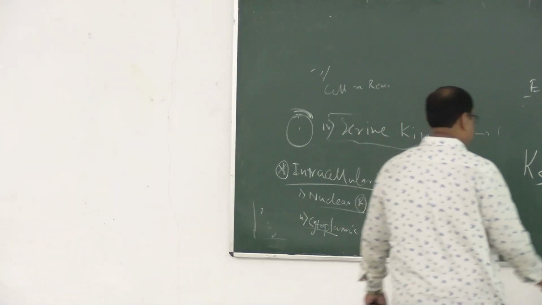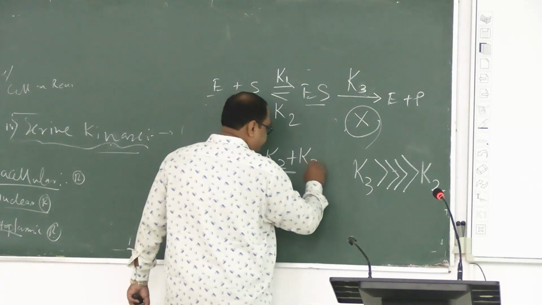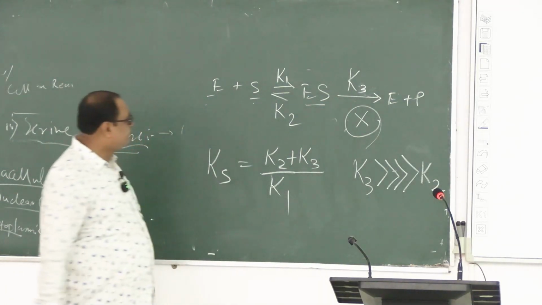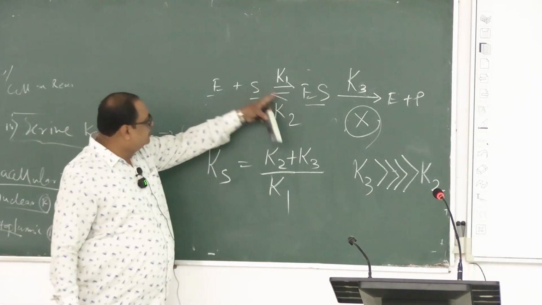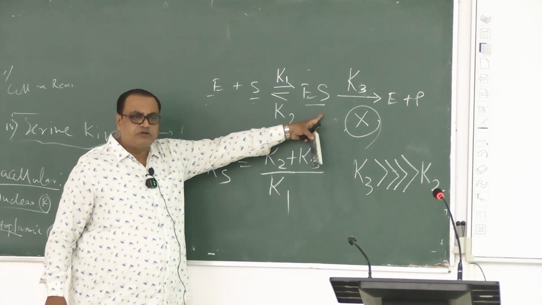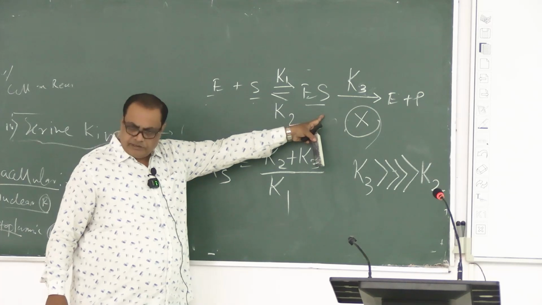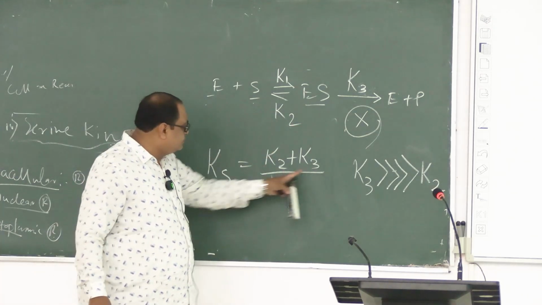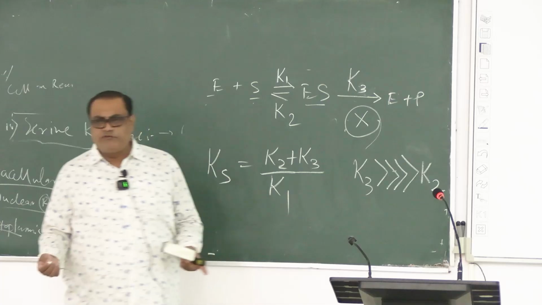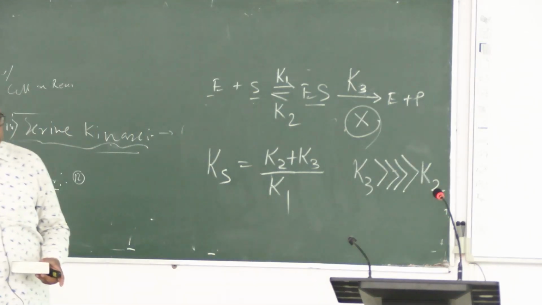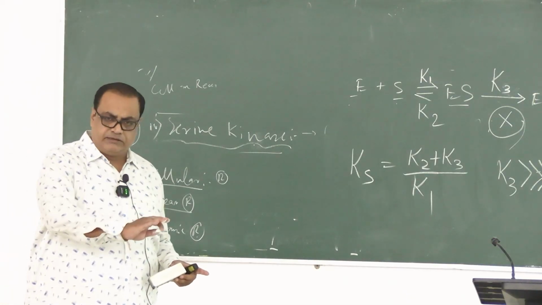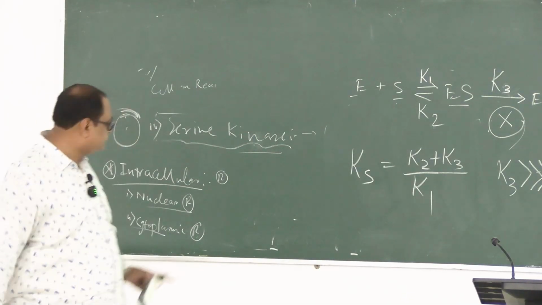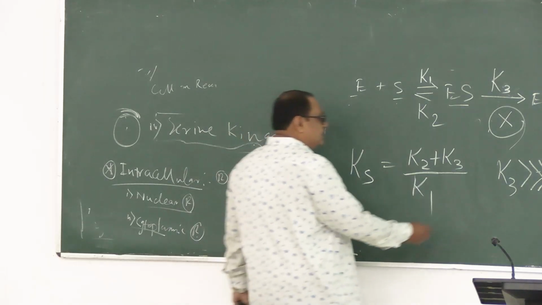So the new constant became this. K1 is the rate of production of enzyme substrate complex, and these two together are the utilization of enzyme substrate complex. It can be utilized for production of product or formation of substrate back. So here they said that K3 is much bigger compared to K2.